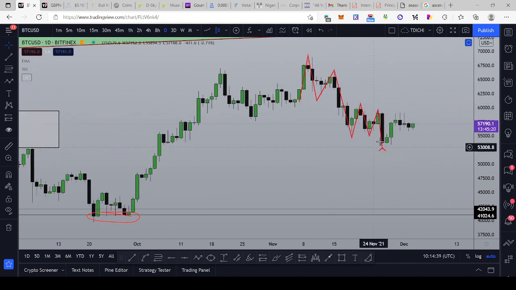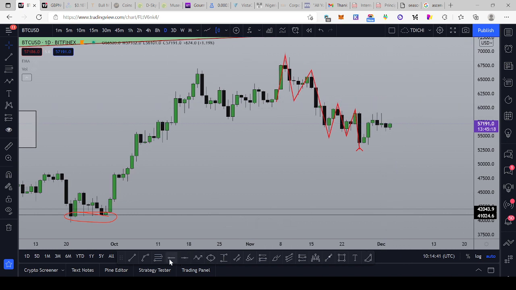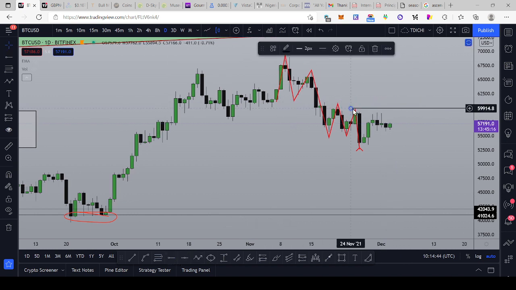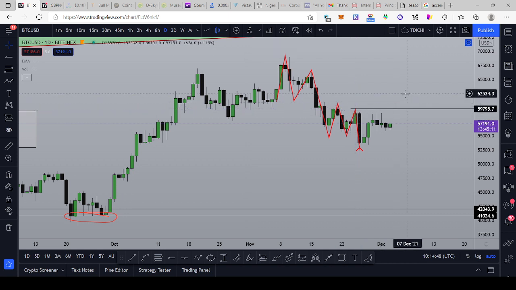So right now, this is the last lower high that leads to this lower low. So this is the strong high right here.